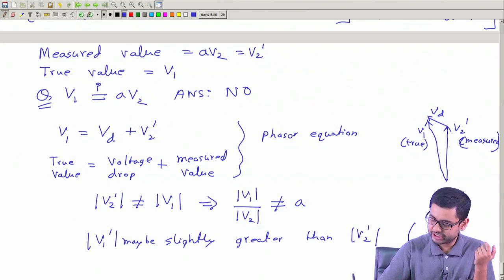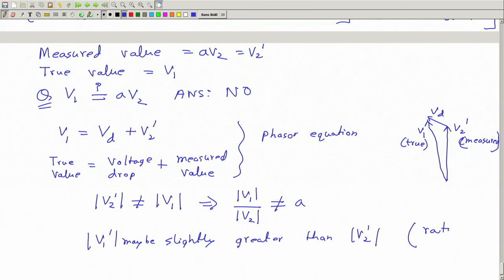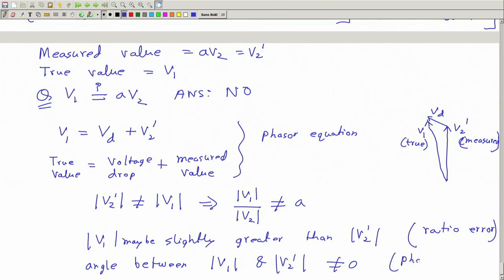This is called the ratio error. And the angle between V1 and V2 prime is not equal to 0. This is called phase error.